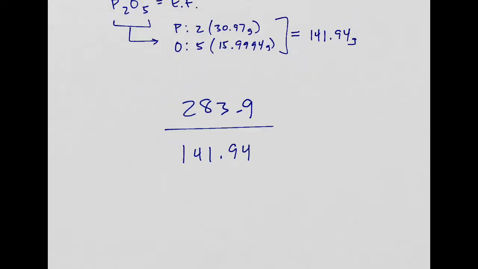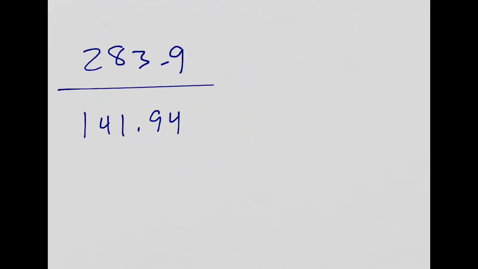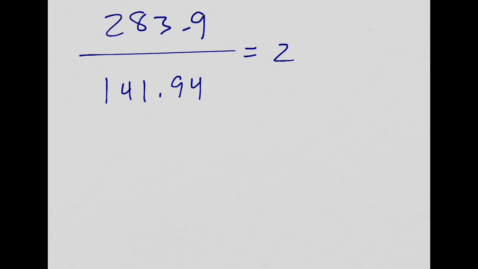That's what I just got from my calculations here for my empirical formula mass. And when I do that, you can see that I'm going to have a value of 2 that comes out of there. It's not exactly 2, but it's close enough. And that's going to be the factor that I'm going to use to multiply my empirical formula by.